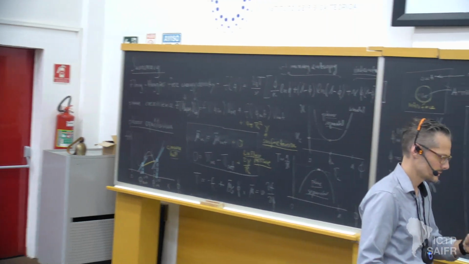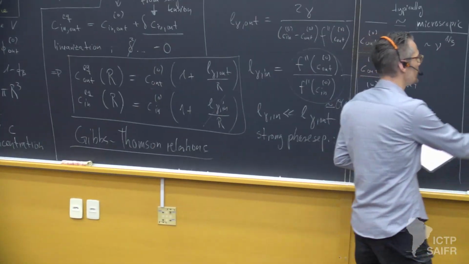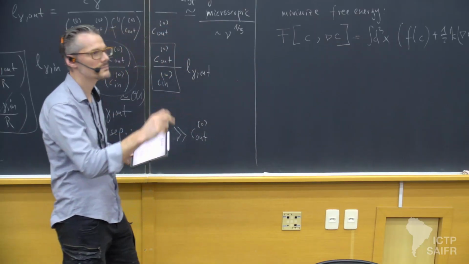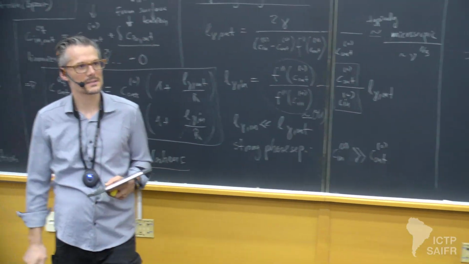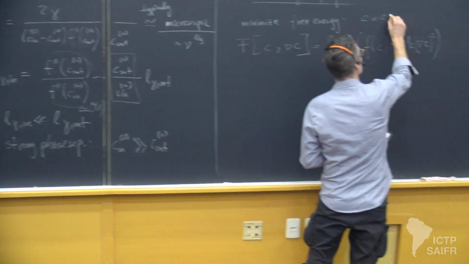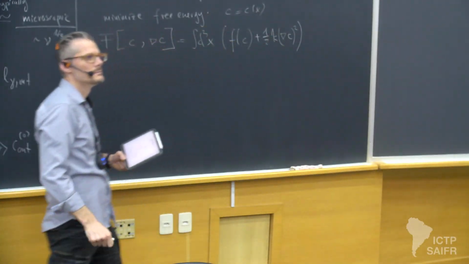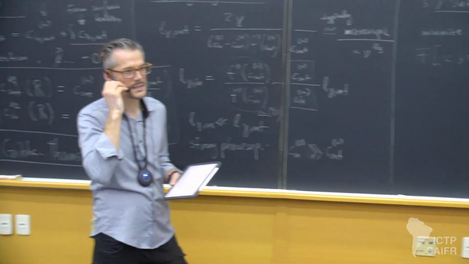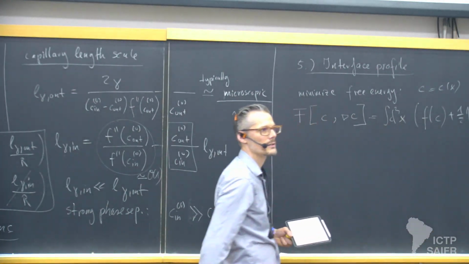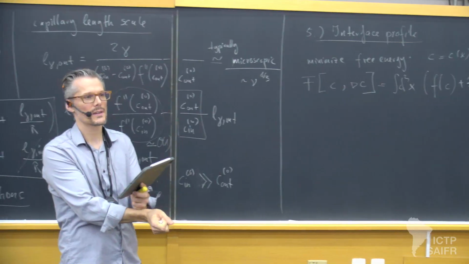There are two variables, C and the gradient of C. But it's not a function, it's an integral. So what is the derivative I have to use?